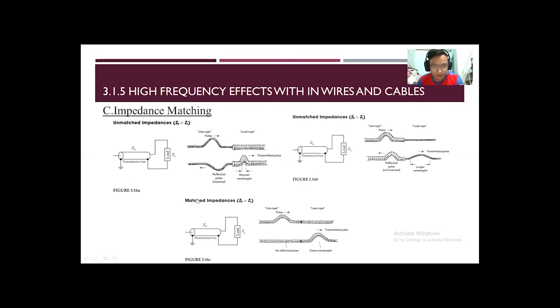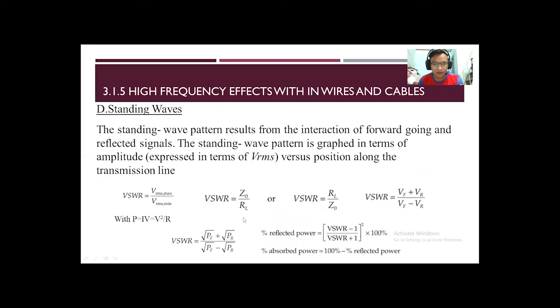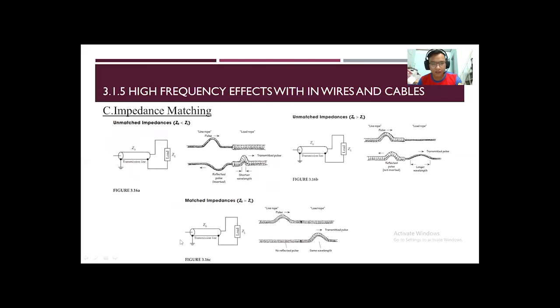And here is the ideal matched impedance. It means from the headphone to the laptop, and then from the laptop back to the headphone, it doesn't lose anything. That's the ideal.